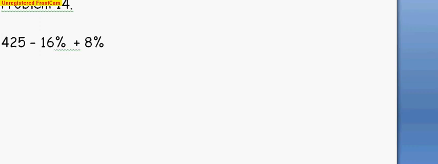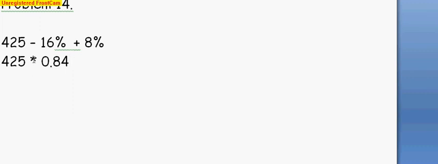Okay, so the way we write this, we would do 425 times, what do you think? How do we write minus 16%? Well, it is the same thing as 0.84, because 100% minus 16% is 84%.